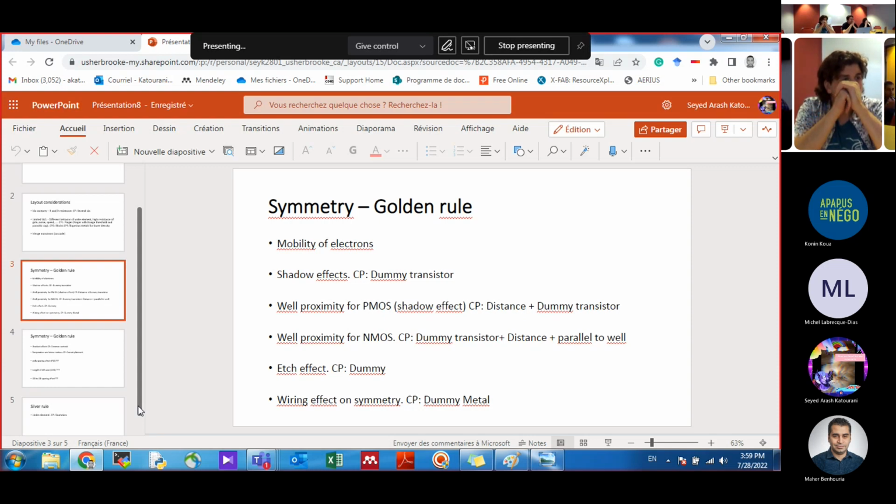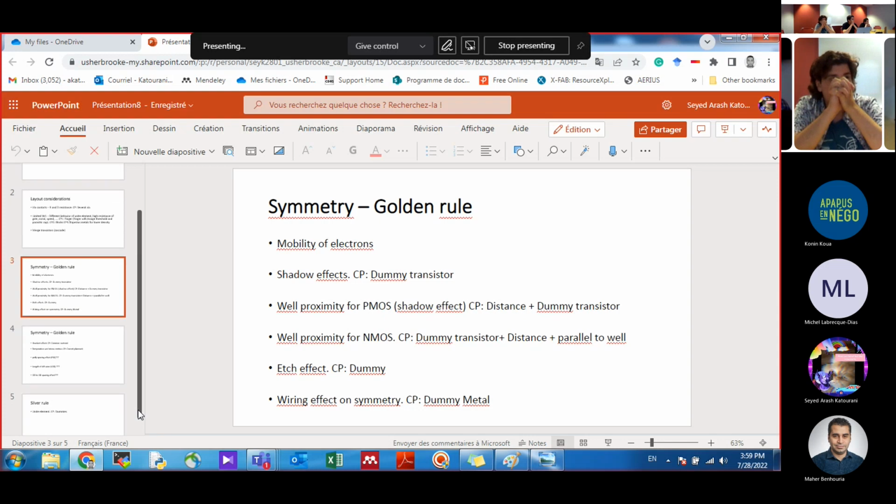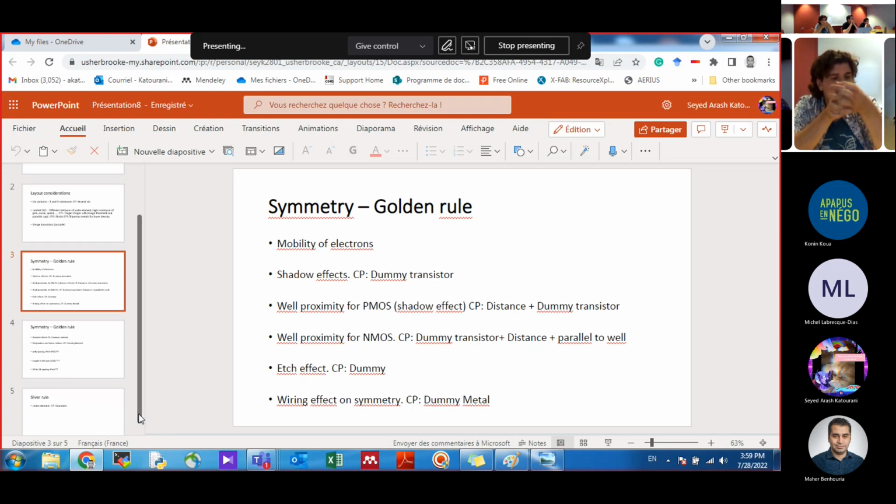for sure, if you have 5 microns of dummies, it is better than 2 microns or 1 micron. But I mean, after 1 micron, the effect will decrease for a reasonable ratio.